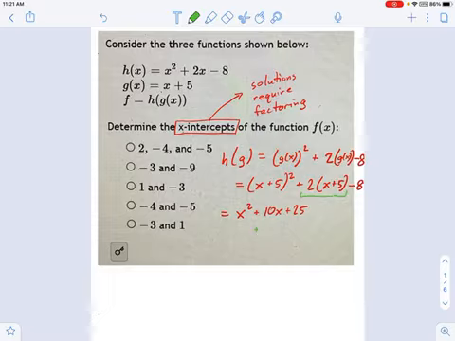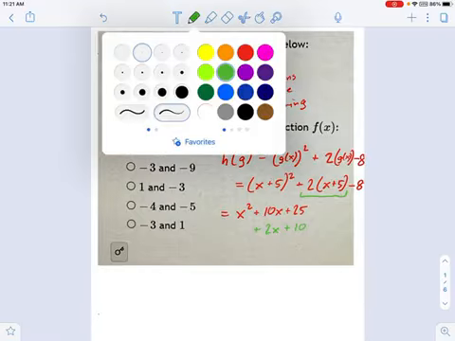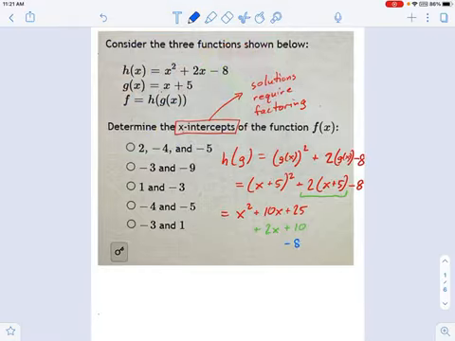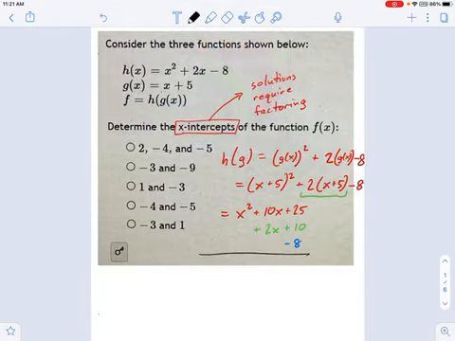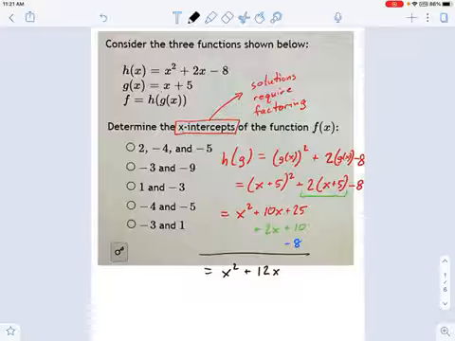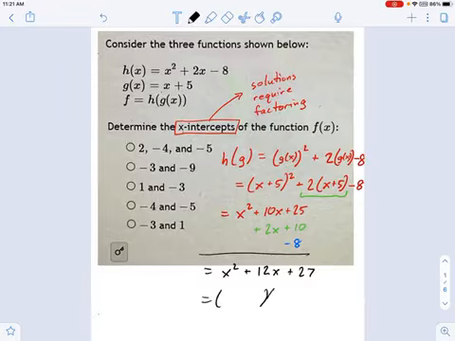That's going to be plus 2x plus 10. And then I have that minus 8 at the end. So we add all these things together, and this is going to be our simplified function. This is equal to x squared plus 12x plus 27.